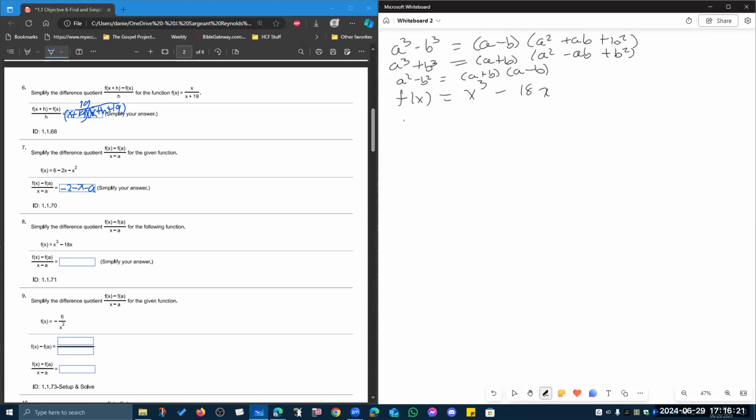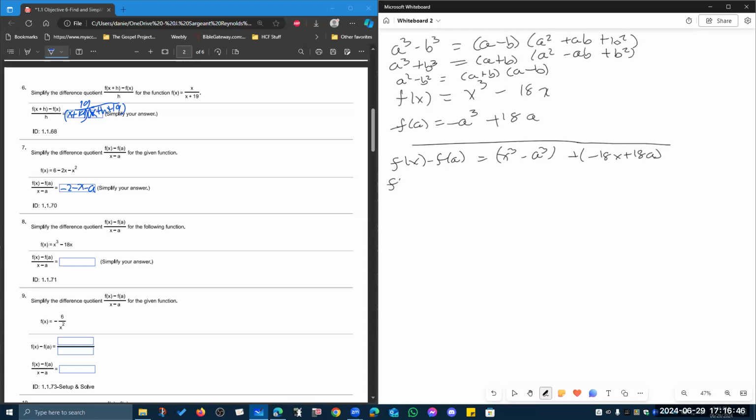Let's get started here. F of a is going to be a cubed minus 18a. So when I subtract f of a, it's going to give me f of x minus f of a is going to be x cubed minus a cubed plus negative 18x plus 18a.